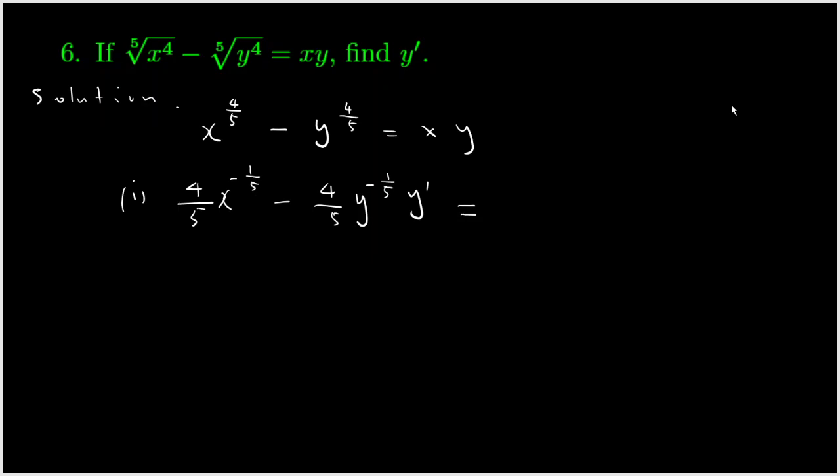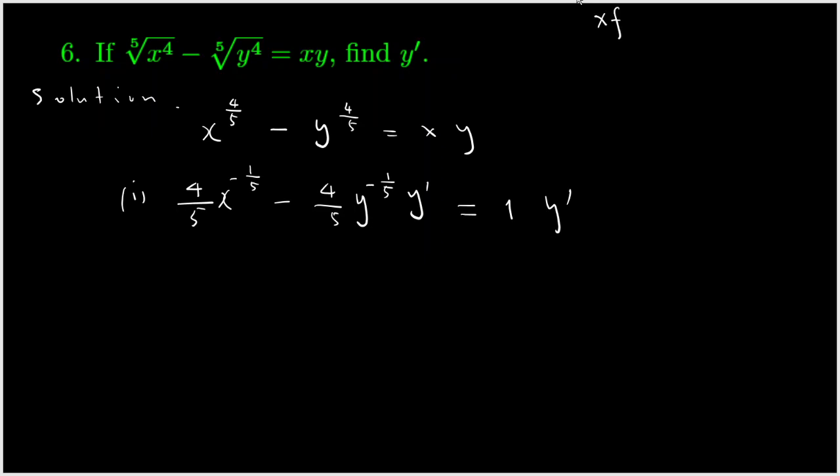If you tried and had this 1 times y prime, then I know what you did. You did not use the product rule properly. Okay, so do not use the product rule that way. In many cases, if I'm telling you, you know what's going on, but after you have many other things altogether, then you could forget. You have to use the product rule properly. Okay, the proper way to differentiate.